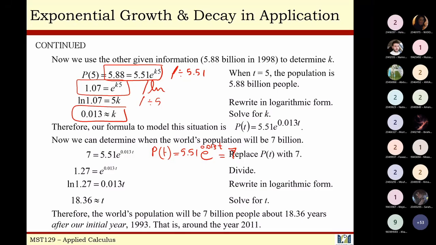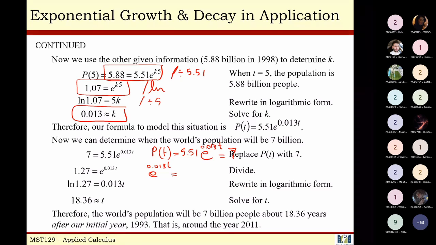Also divide by 5.51, so we have e to the power 0.013 t equals 7 over 5.51, which is equal to 1.27. Take ln for both sides.